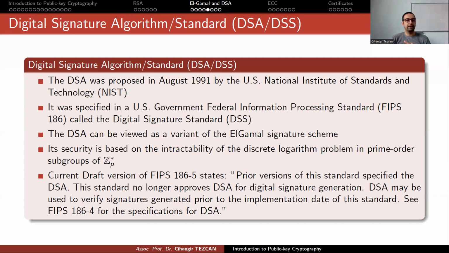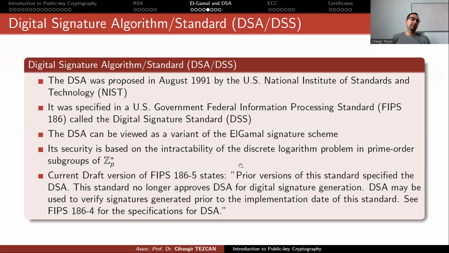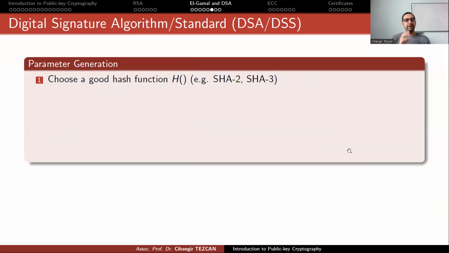See FIPS 186-4 for the specification for DSA. So actually, NIST standards no longer include DSA. This is mainly because of the security. This is why we always promoted and encouraged people to use elliptic curve cryptography. But let's see how DSA works.